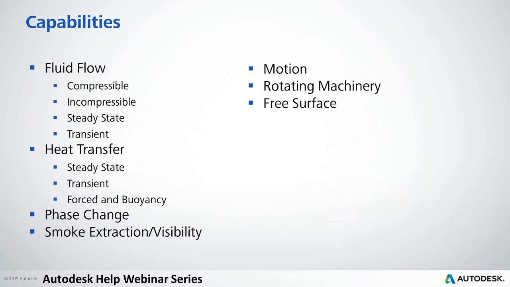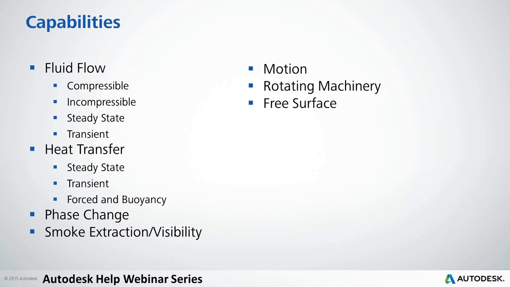Some of the capabilities that you have with Autodesk Simulation CFD: you can do fluid flow, compressible, incompressible, steady state, and transient. You can also do heat transfer, either alone or with fluid flow, also steady state, transient, forced convection, or buoyancy. You can model phase change, smoke extraction and visibility.